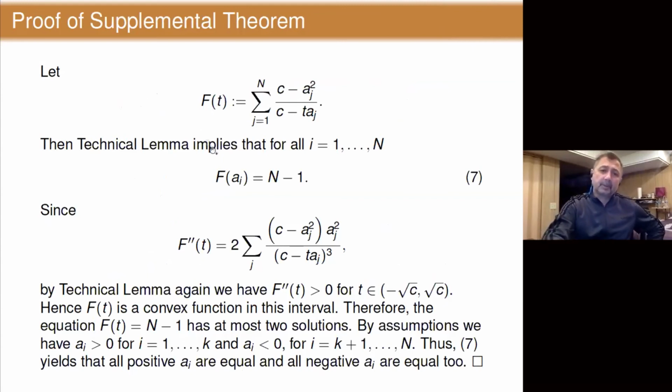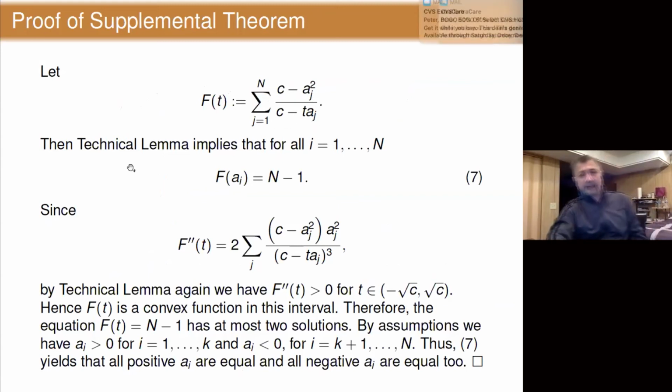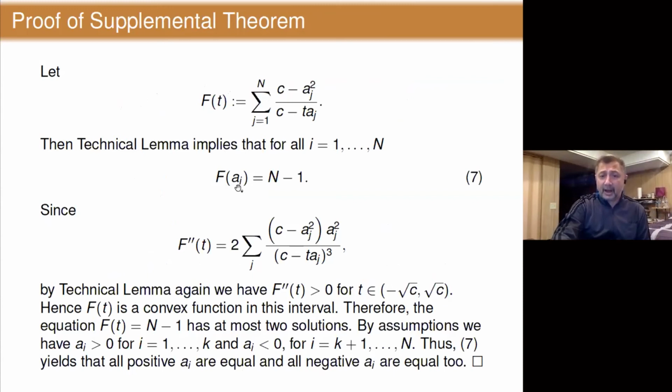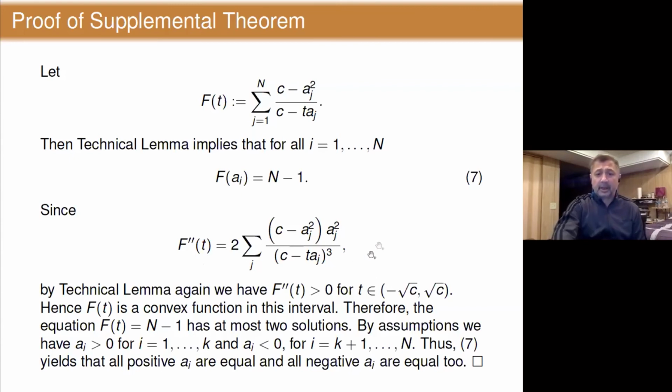So in the supplemental theorem, we consider that function f_t, which is the sum of (c minus a_j squared) over (c minus t a_j). And then from the technical lemma, we derive that the value of a_i is n minus 1. Now the second derivative can be computed to this quantity.